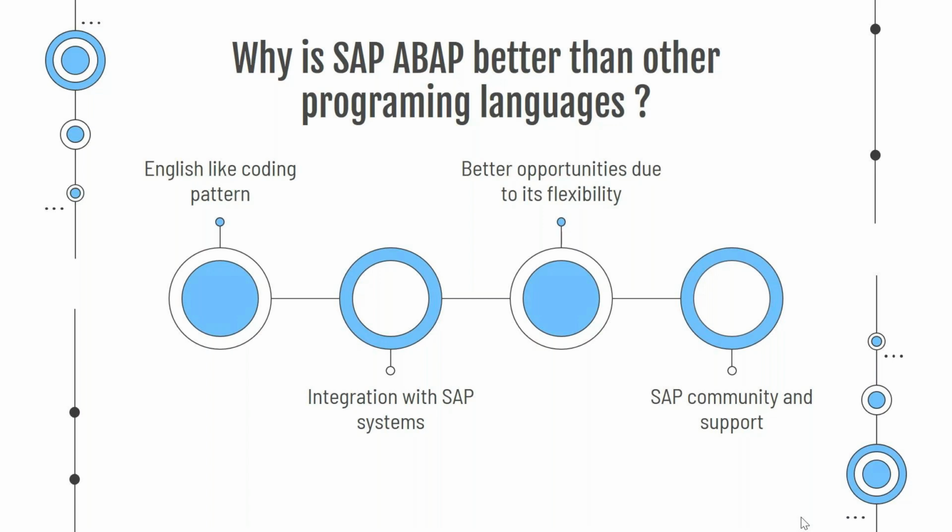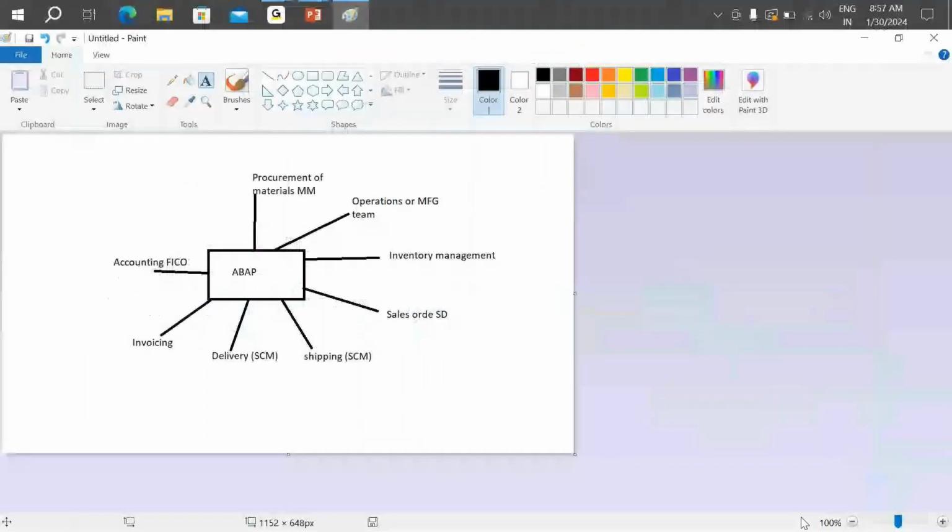Then integration with SAP systems. That means you'll have more flexibility to get cross-skilled into other things. One benefit of learning ABAP is that since you'll be working with all your functional team people, you will have some idea about how things work under all these business processes too. For example, if I'm sticking to only MM, like I'm an MM guy, I don't know what FICO is doing.